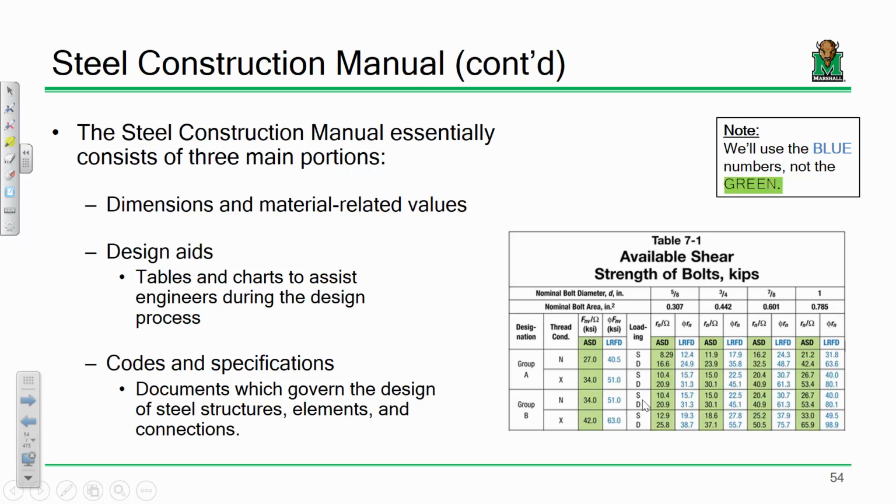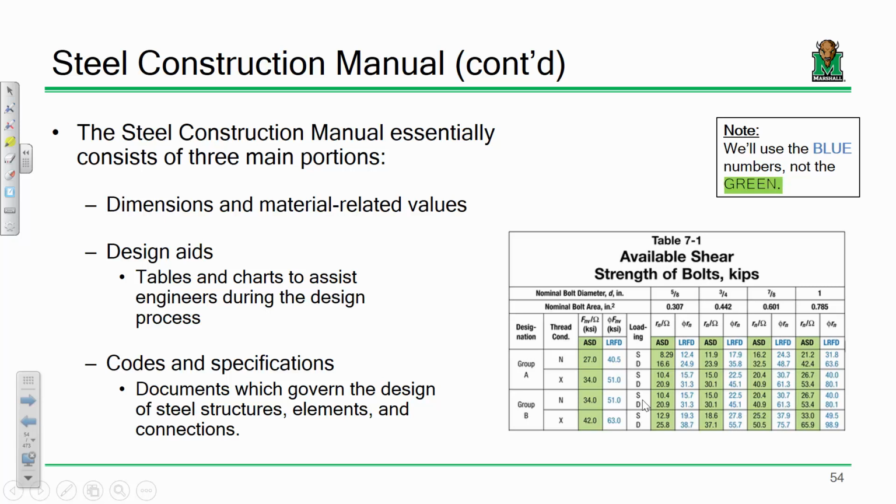The first part of this manual is sort of the dimensions and material-related values, the base stuff that you need for design. And that's the stuff in the very, very front, the stuff that looks like this. So the stuff on WT shapes, the stuff on channels, the stuff on wide flanges, the stuff on steel grades. That's the stuff that you need for design, okay?